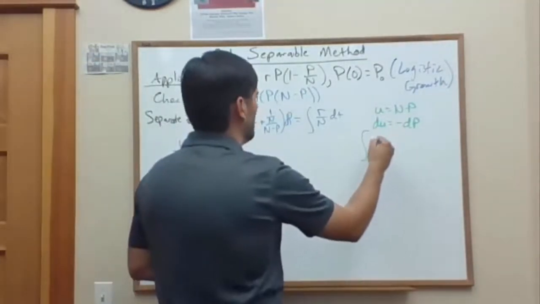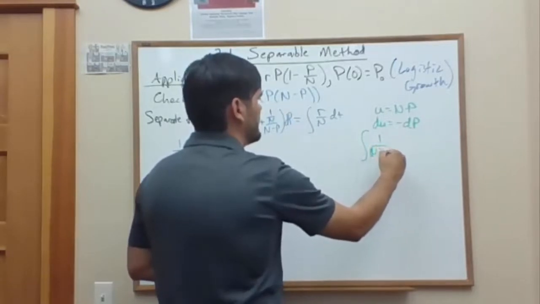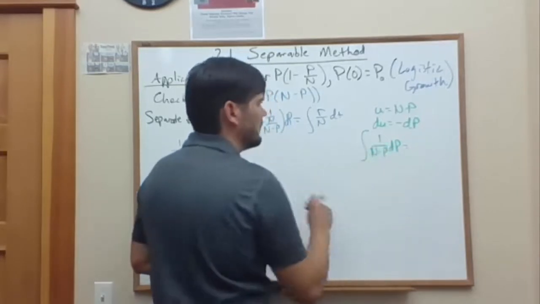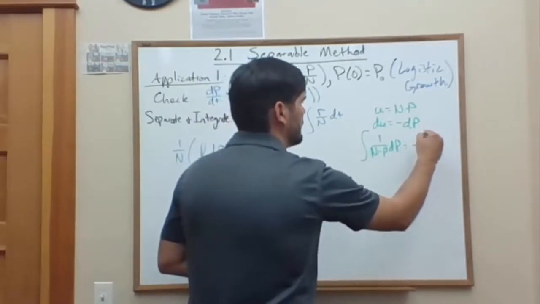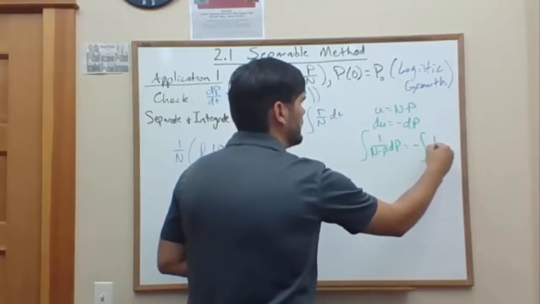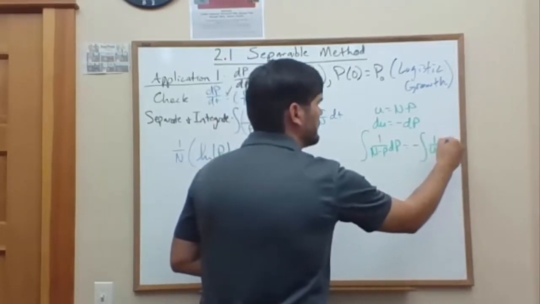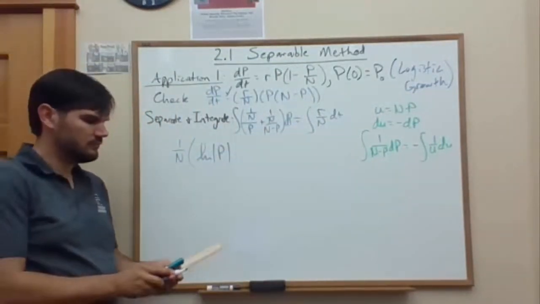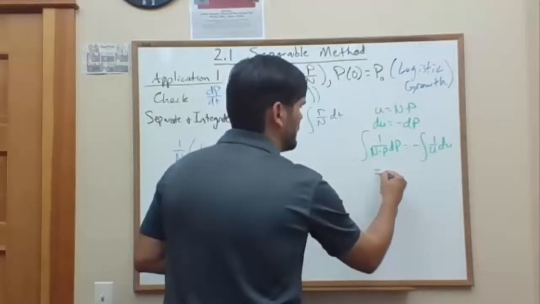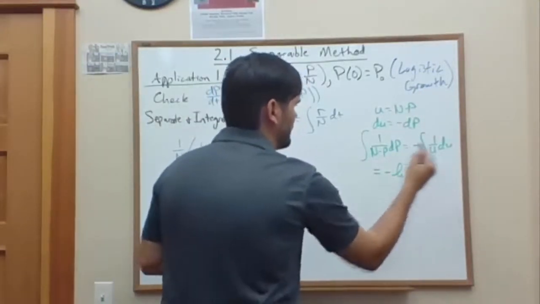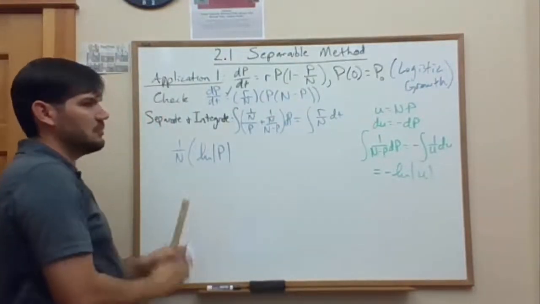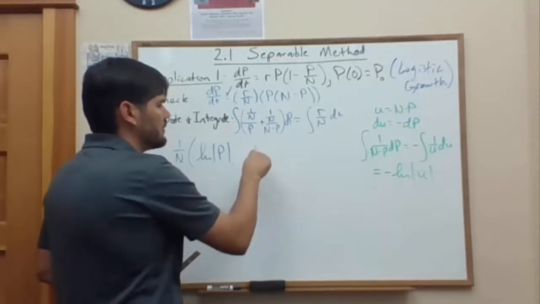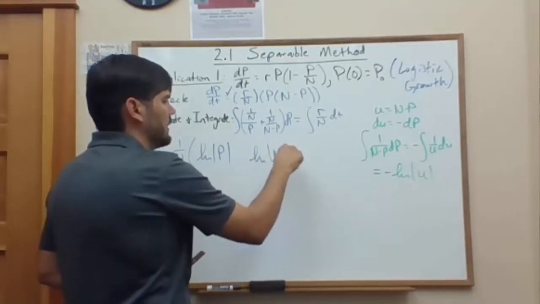So the integral of 1 over N minus P dP will equal the negative integral of 1 over u du. Well, integrating 1 over u will leave me with natural log of absolute value of u. But u is N minus P, so I get a natural log of the absolute value of N minus P.